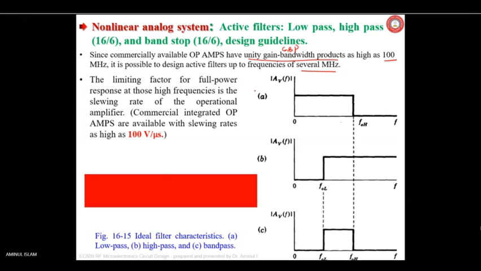The limiting factor for full power response at those high frequencies is the slewing rate of the op-amp, and a commercially available op-amp has a slew rate as high as 100 volt per microsecond. Remember this figure, 100 volt per microsecond.